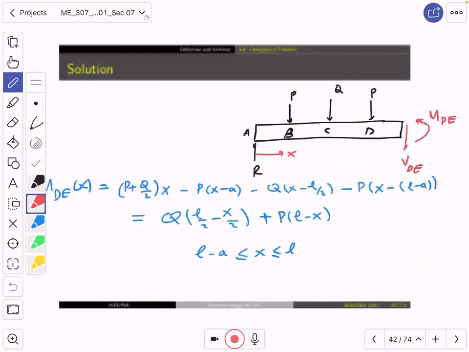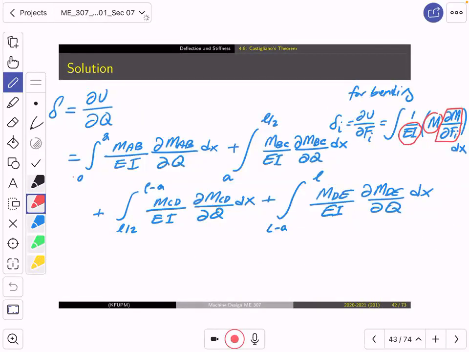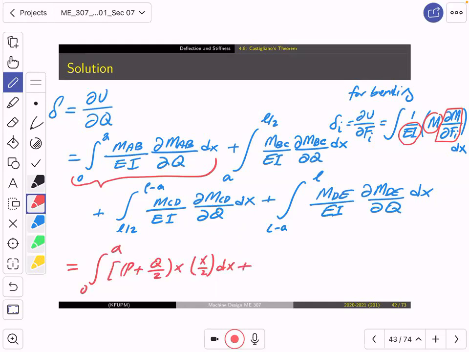So as an example, for the first term, I will have the integral from 0 to a for the equation, which was P plus Q over 2, multiplied by x, and then I have x over 2 as a derivative, and then dx. Do you get that? Now, this is the point.